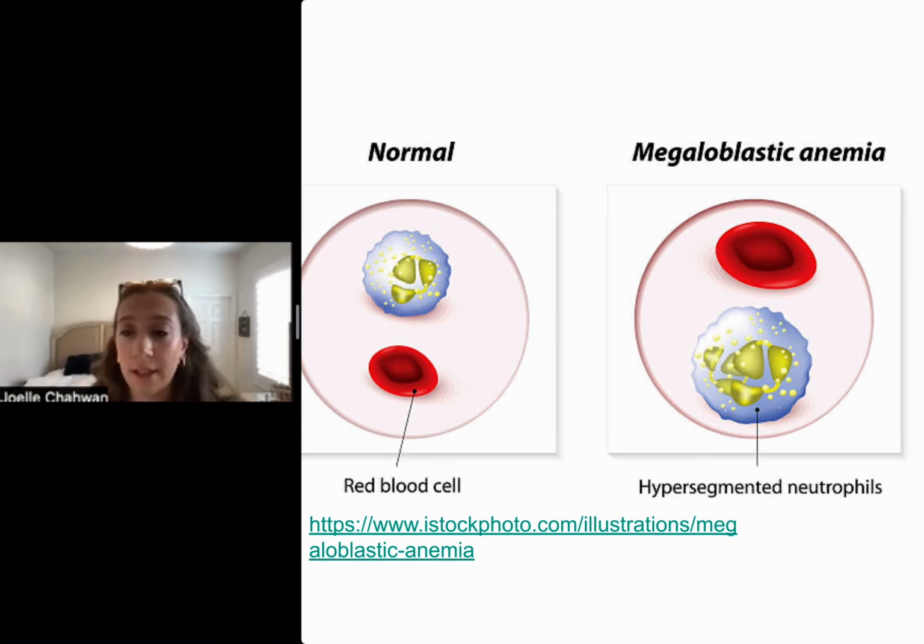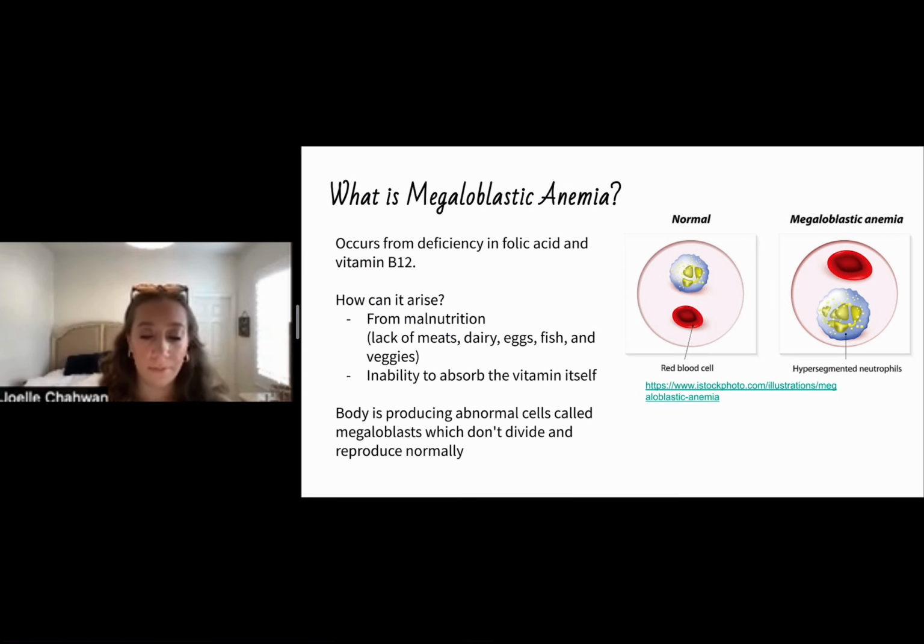You're having hypersegmented neutrophils as well. So with having these abnormal cells, the megaloblasts, they don't divide and reproduce like healthy cells do. And with these combined factors, the reduced number of red blood cells can actually cause anemia. And without treatment, the lack of vitamin B12 can also contribute to neurological issues, as mentioned in the patient's symptoms, which is the low hematocrit level again, as well as memory loss.